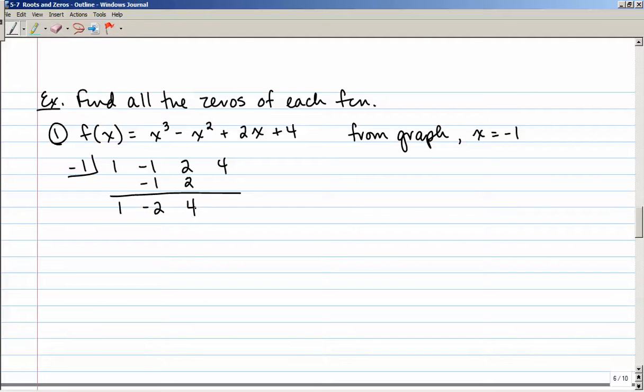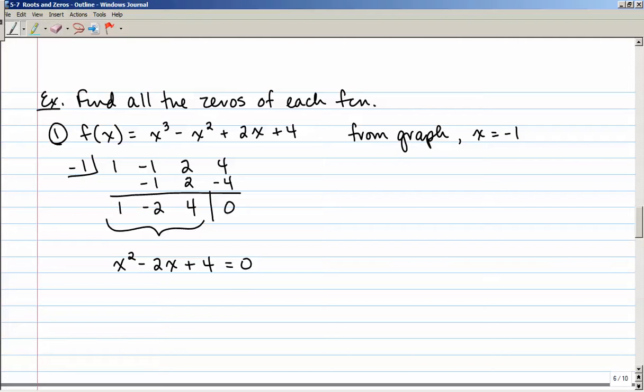Add those, 4. Negative 1 times 4 is negative 4. And I have a remainder of 0. So that means these are the coefficients of a polynomial that starts with an x squared. So this is going to be x squared minus 2x plus 4, and that equals 0 because I need to find the zeros.